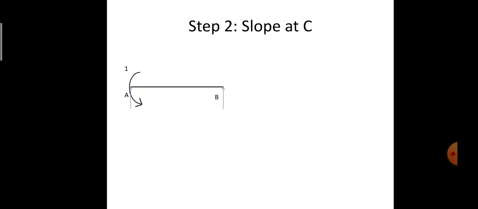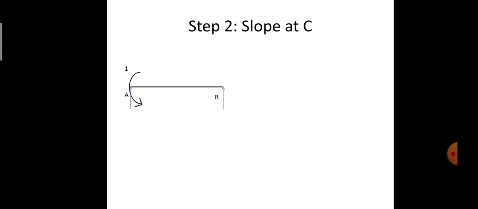The next thing is that I need to calculate the slope at any of the supports. Since this is a symmetric structure, the slope at both ends will have the same magnitude.